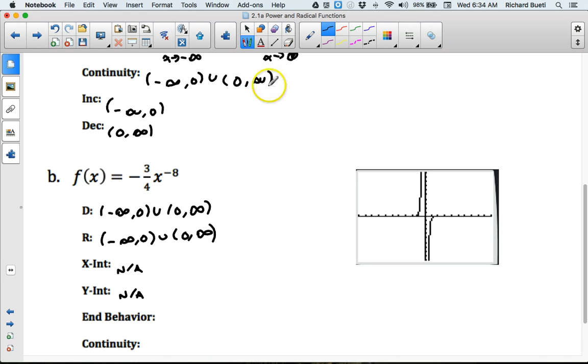And end behavior is pretty much going to mirror the same one as it was before. So it'll be the limit as x goes to negative infinity of f of x equals 0. And the limit as x goes to positive infinity of f of x is also 0.